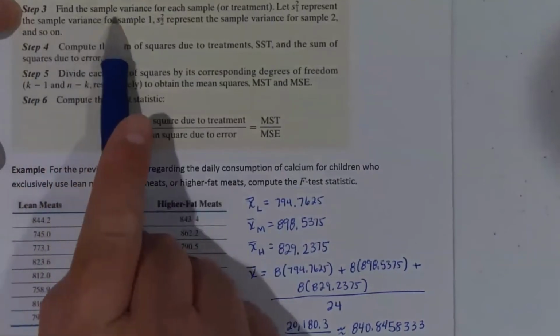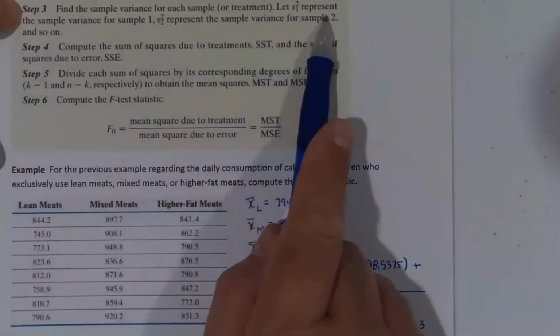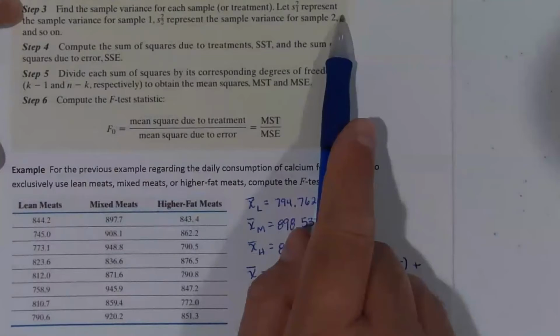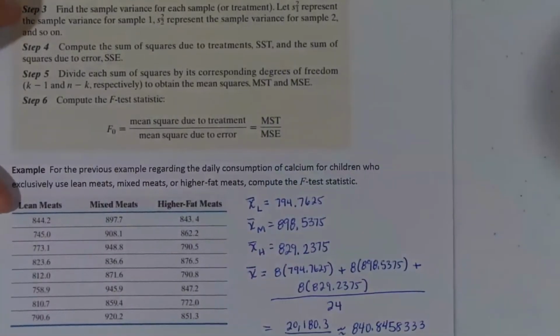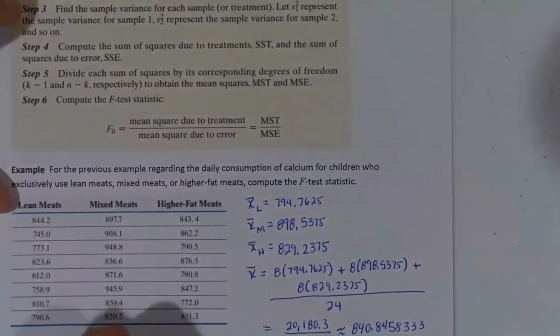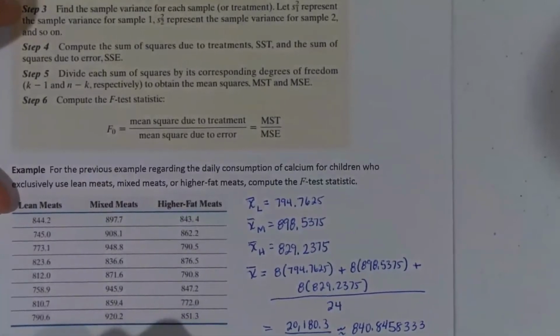Step 3, I need to find the sample variance for each of these sample groups. So again, what I need to do now is find the sample variance for the lean meats, the sample variance for the mixed meats, and the sample variance of the high fat meats.